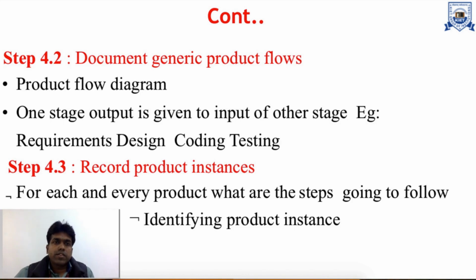Other sub steps are document generic product flows, which means you'll have to make a product flow diagram. One stage's output is given as input to the other stage. For example, after completing one stage, that output will be the input for the next.